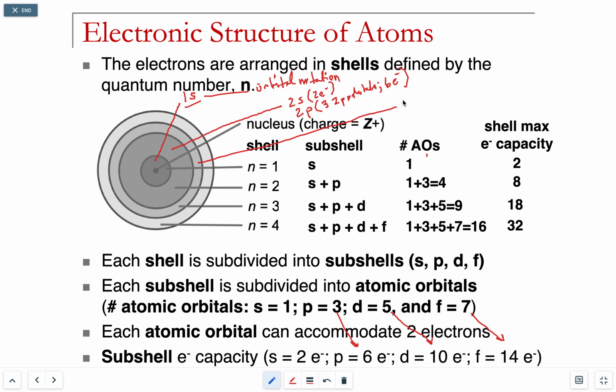In the n=3 shell, we have a 3s orbital, and 3 3p orbitals. And now we see d orbitals for the first time. So in addition, we have 5 3d orbitals.